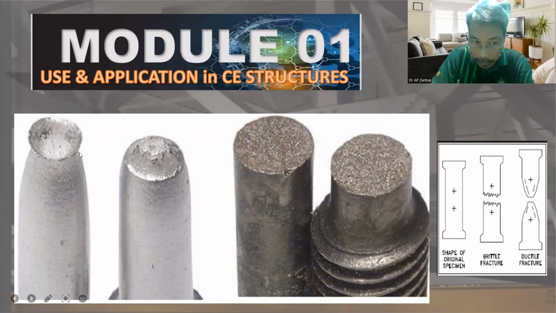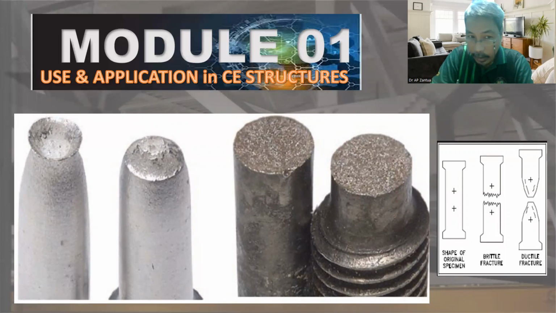Here you cannot see necking. It just breaks down. It is a dangerous type of characteristic because it just breaks. This type of breaking is dangerous for us in the structural sector because it will collapse abruptly without any warning.